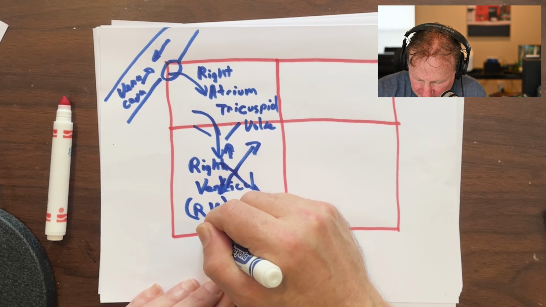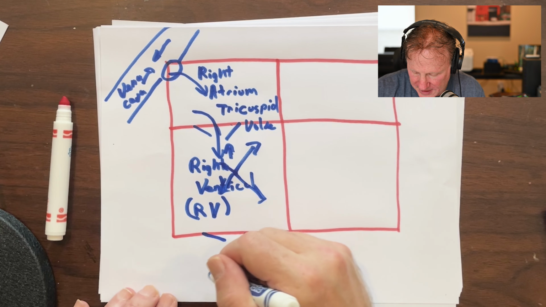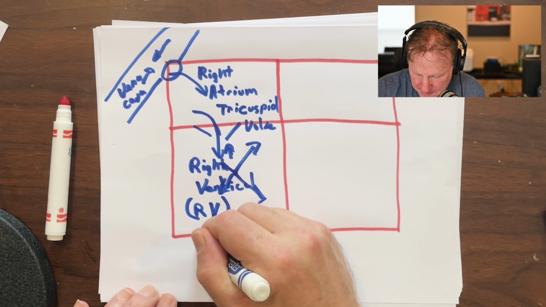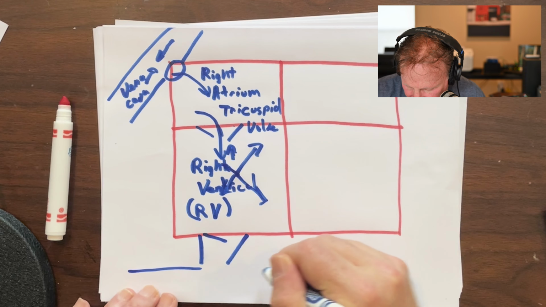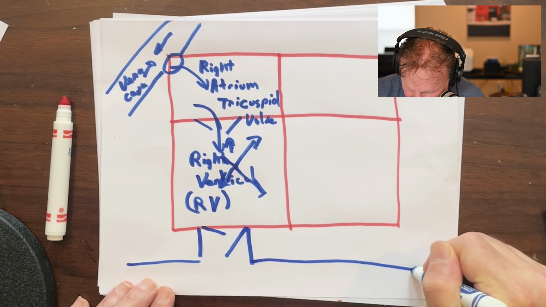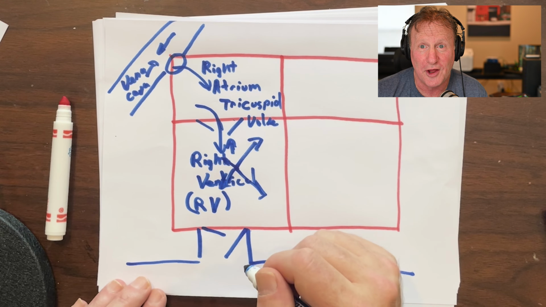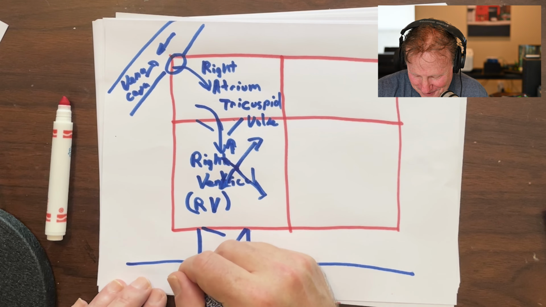However, right over here, there's a valve, and that valve opens up into an artery. I'm going to write the artery right down over here. And this happens to be a very, very important artery. It's called the pulmonary artery.